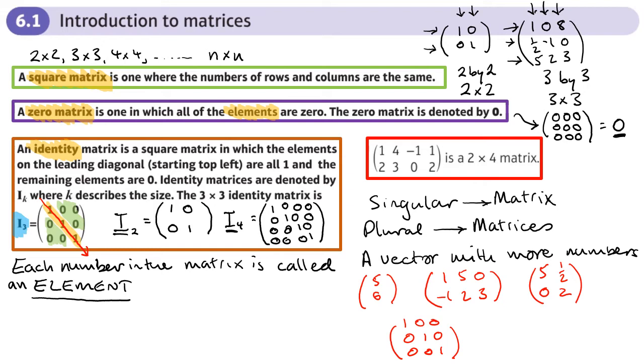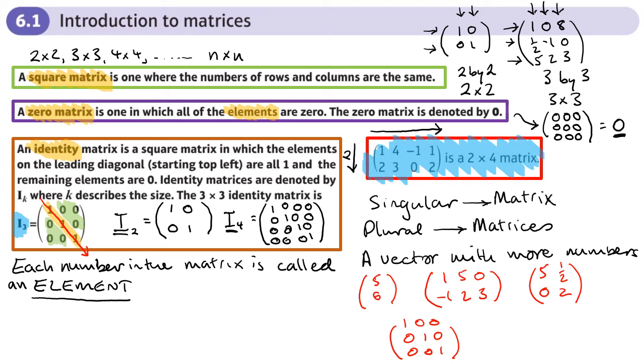It forms this pretty pattern, and it's going to be useful later on. Now, what if a matrix isn't square? Up here, I've got an example of a matrix that isn't square, and it's described as a 2 by 4 matrix. The first number, the 2, indicates the number of rows, and the 4 indicates the number of columns.